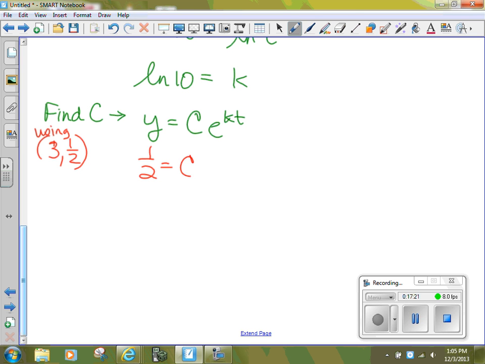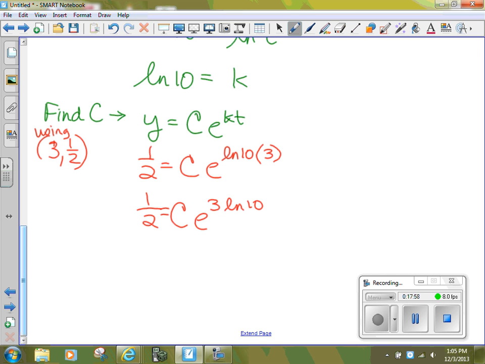See, we're trying to find e to the natural log of 10 times 3. Is it the 10 that's being multiplied to the 3? No. I've got to rewrite that. Is it that right there? Now what do I do, folks? What is e to the 3 ln? How can I write 3 times ln 10?